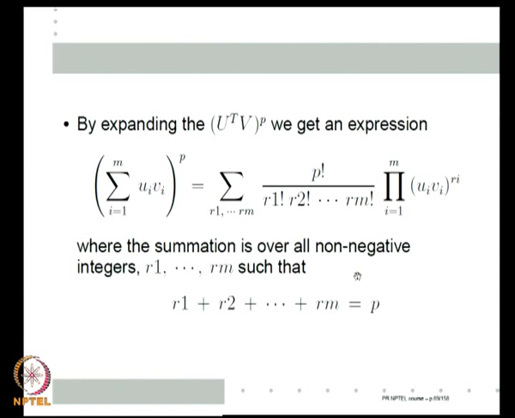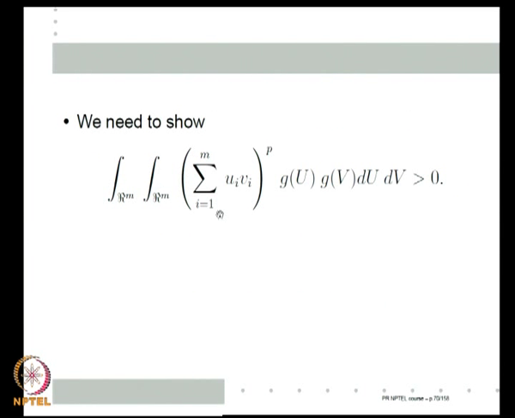But in a multinomial case, there will be (ui vi) to the power ri, where the ri satisfy r1 plus r2 plus ... plus rm equal to p, and the coefficients turn out to be combinatorial coefficients. The summation is over all non-negative integers r1 to rm that satisfy this. Any sum of m terms raised to the power p can be expanded as a sum of products like this using a multinomial expansion.